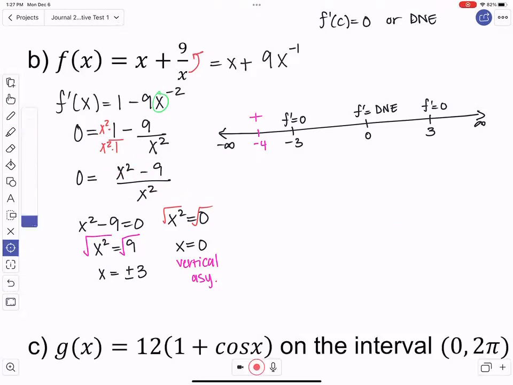Pick a number between -3 and 0. -2, okay. So -2 squared is 4. Minus 9 becomes what number? 5, but is it positive or negative? Negative. So you have a -5 at the top. And then if you plug -2 in the bottom, this becomes +4.